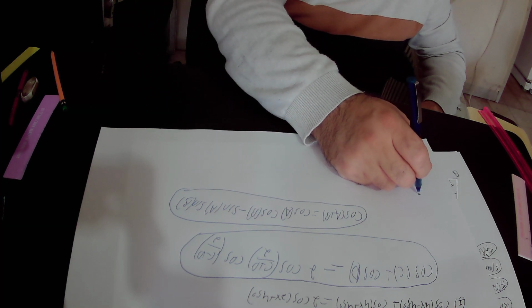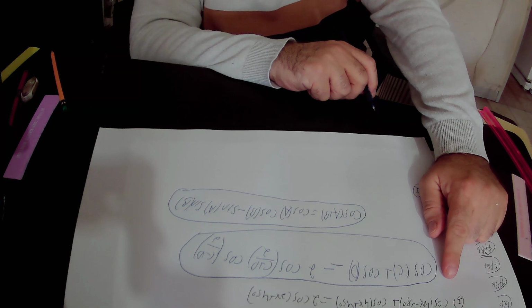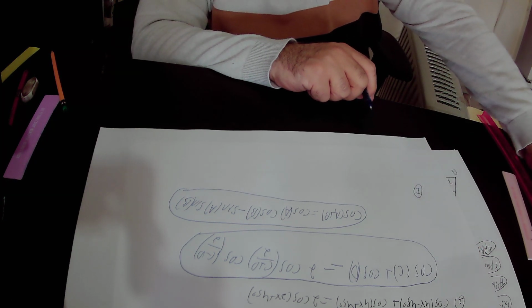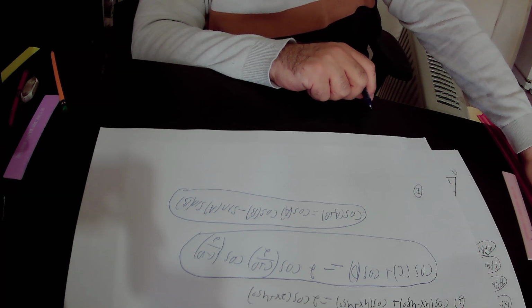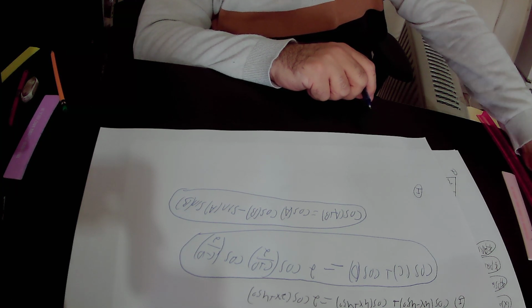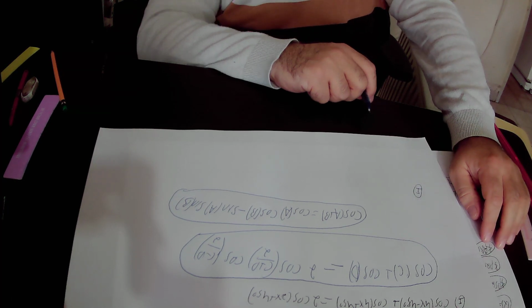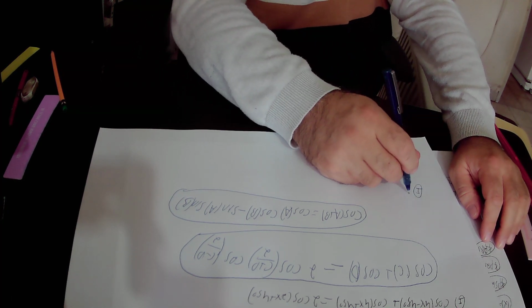And we will get that, according to equation number 1, this side of equation number 1, cosine 4x minus 45 degrees plus cosine 4x plus 45 degrees, according to this trigonometric identity, will be equal to 2 cosine (c plus d) over 2 times cosine (c minus d) over 2.